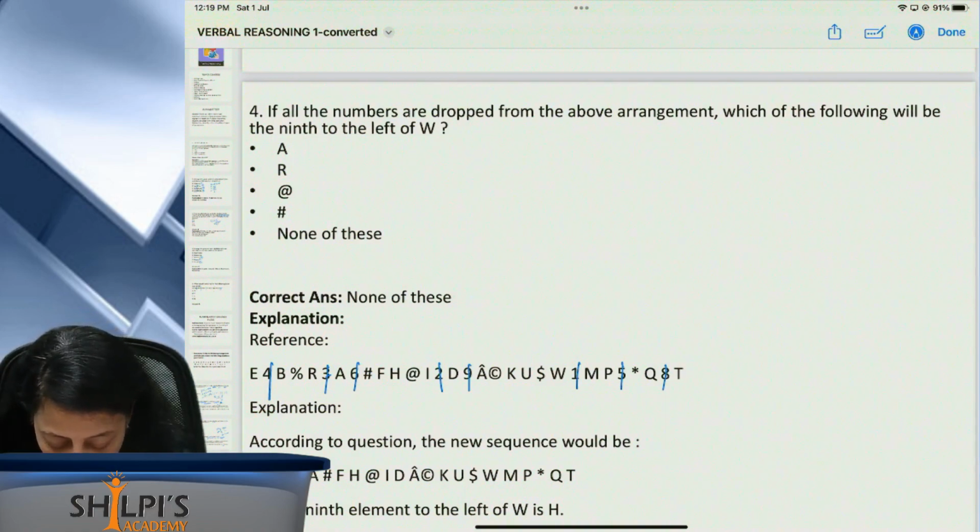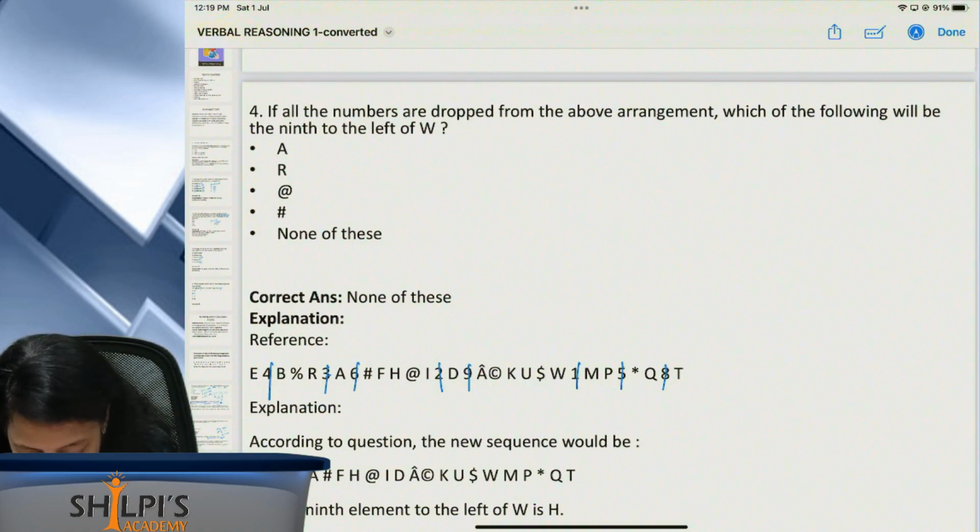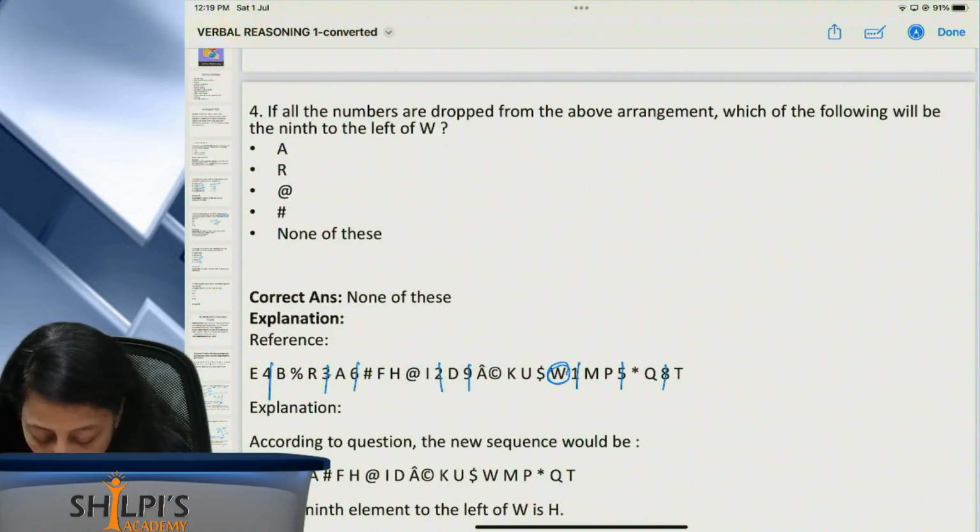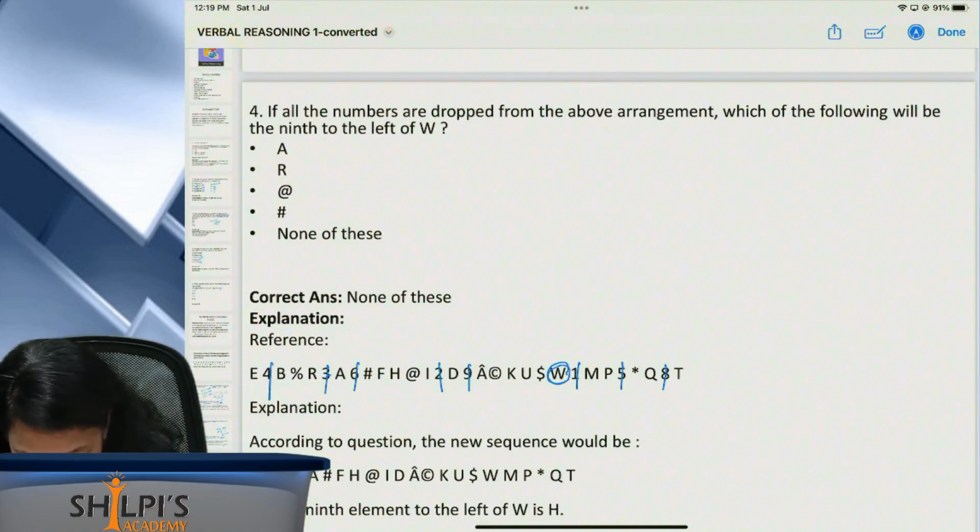Where is W? Okay. W is here. 9th element to the left of W. So 1, 2, 3, 4, 5, 6, 7. Okay, I have just counted these numbers also.